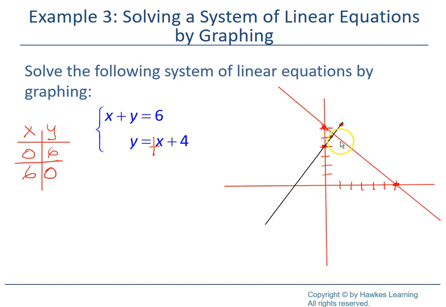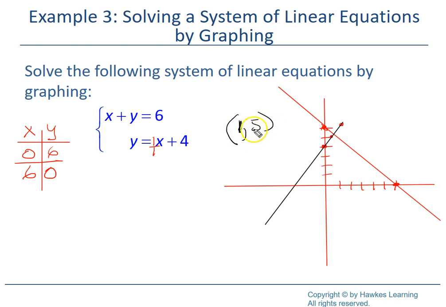Now, the thing about graphing, especially when we're sketching it, is that the lines are not really on the exact spot. So we're going to guesstimate that the closest thing is a 1 and a 1, 2, 3, 4, 5. So I'm just going to assume that my ordered pair is (1, 5).